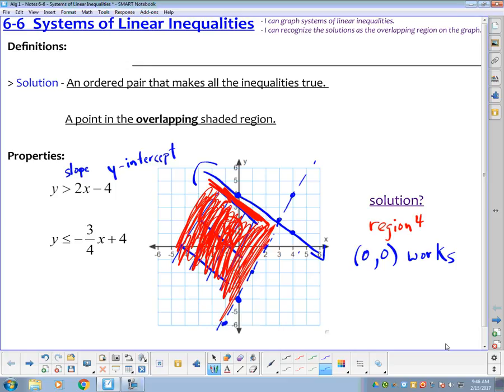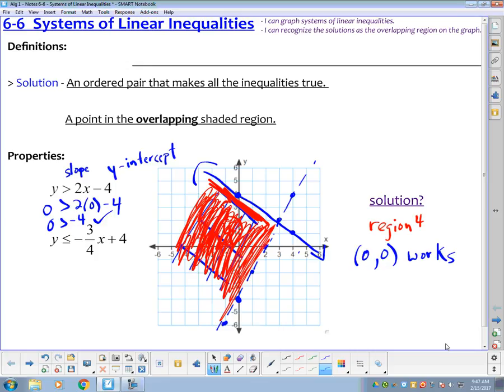So if 0, 0 works, what that means is I should be able to plug in 0 for x and for y and get a true statement. So if I plug in 0 for y and 0 for x, I get 0 is greater than negative 4. Is that true? Is 0 bigger than negative 4? Yeah. Check.